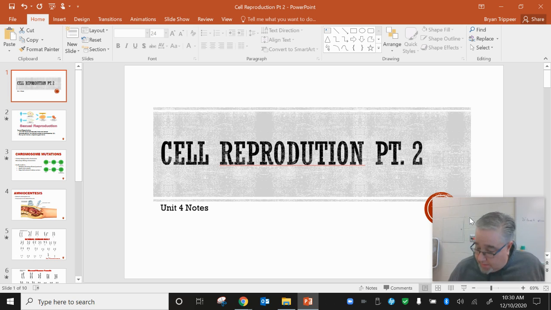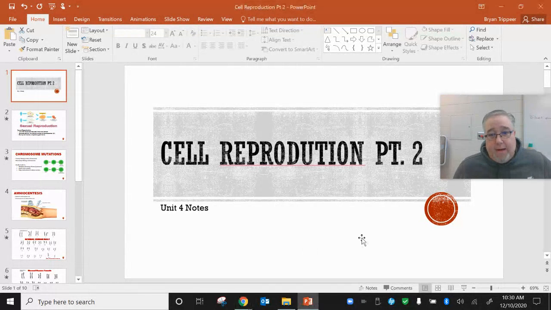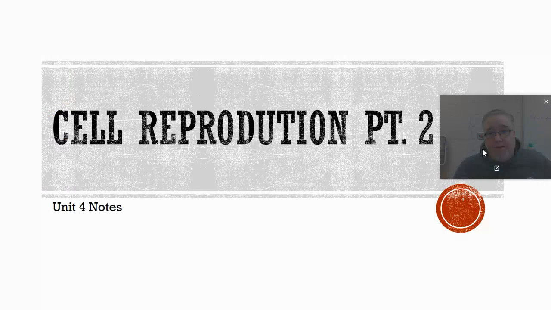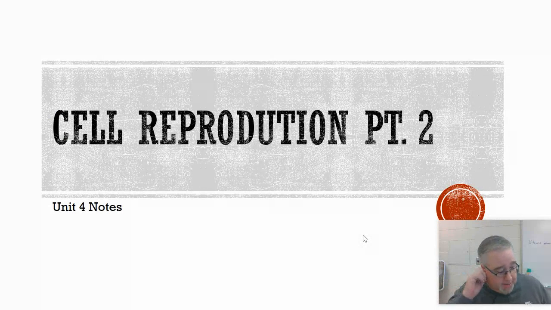All right, pre-AP biology. We're going to continue with our unit 4 notes today on cell reproduction. One of the things that we kind of got into yesterday a little bit was chromosome number. Make sure that we remember the terms diploid and haploid.